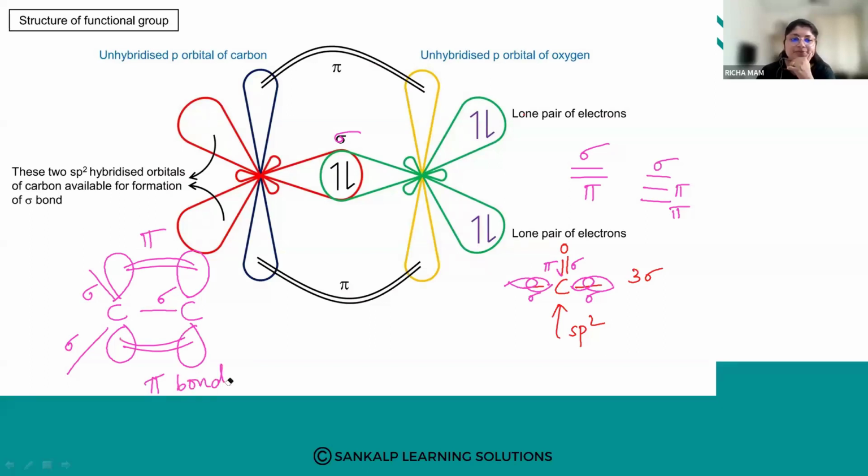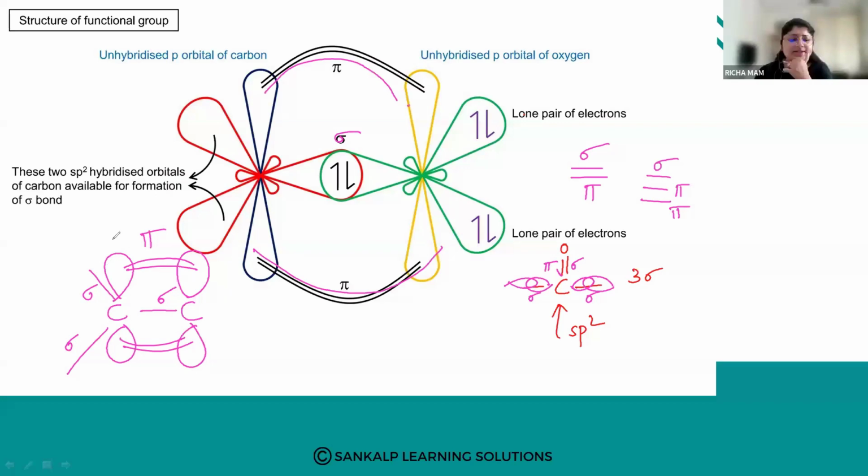So how is the pi bond formed? By taking the unhybridized orbital. You can see here, one of the p orbitals, which is unhybridized, will get combined with the next atom. So two unhybridized p orbitals will overlap with each other to form a pi bond.